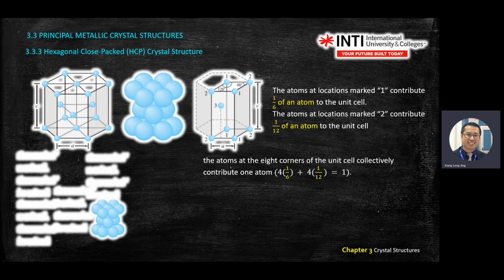Now what about number 2? This one, number 2, will be 1/12. How does 1/12 come into place? Those at the side, this one, it breaks into 6, right? 1, 2, 3, 4, 5, 6.